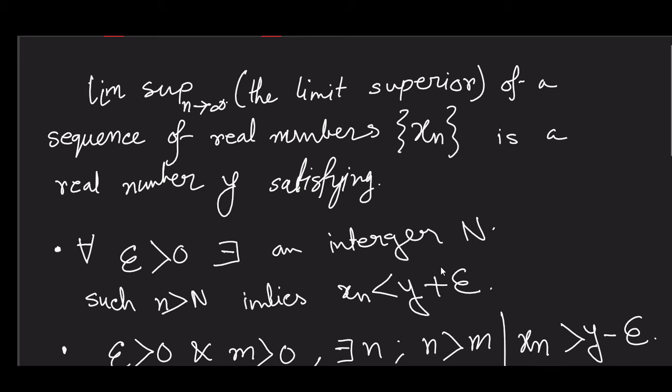Because you can see that if you have a sequence x, it looks like 1.1, 1.12, 1.21, 1.3, 1.014, and so on.